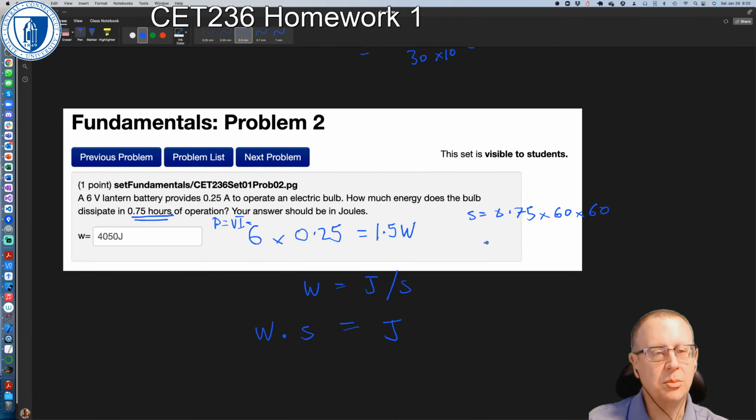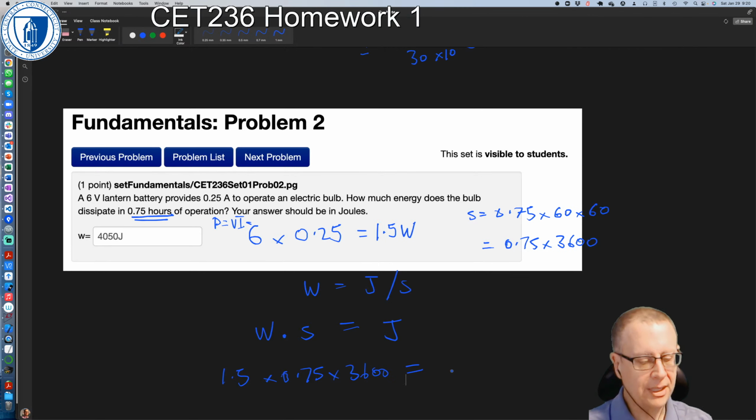So that's going to be 0.75 times 3600. Okay, so to get our answer, now we need to say 1.5 times 0.75 times 3600 equals the number we're after.